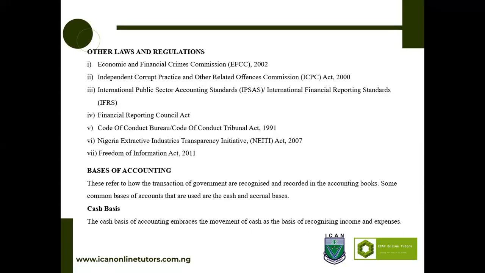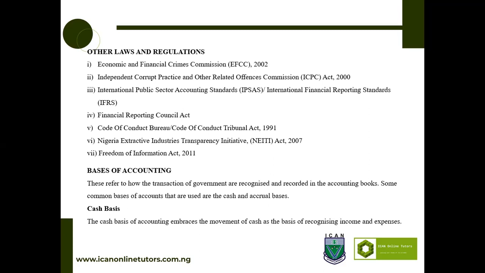Now, other laws and regulations. We have the Economic and Financial Crimes Commission, EFCC. We have the ICPC, that is the Independent Corrupt Practices and Other Related Offenses Commission Act of 2000. We have the International Public Sector Accounting Standards, or we also have the International Financial Reporting Standards.